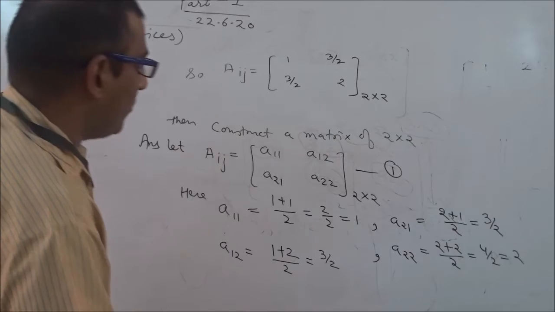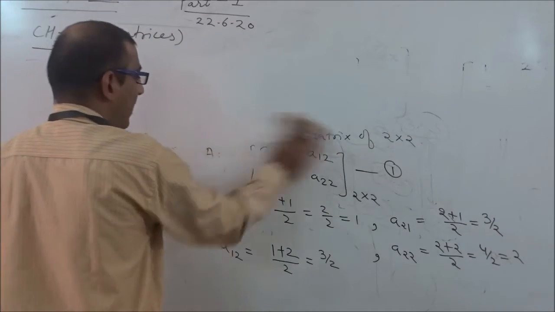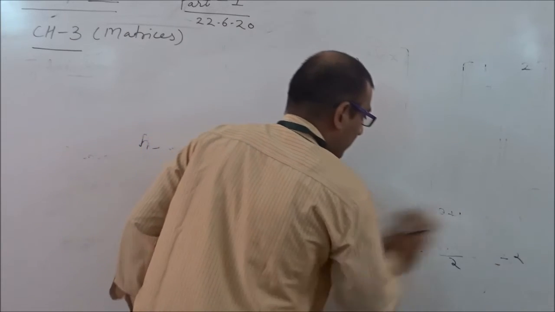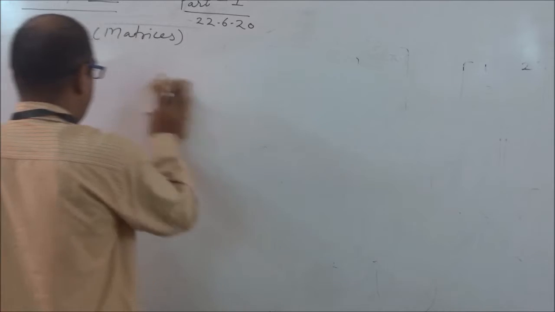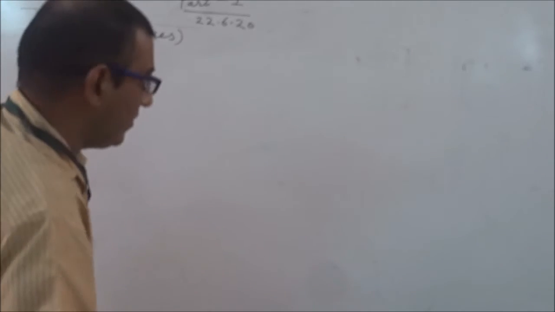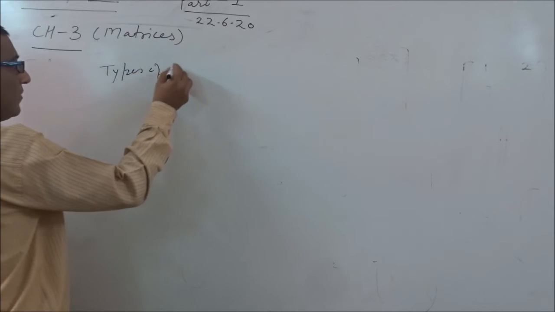So after construction of matrix, we will come to the next point, that is type of matrix. There are various types of matrices. First we will start with the column matrix. The concept is types of matrix.